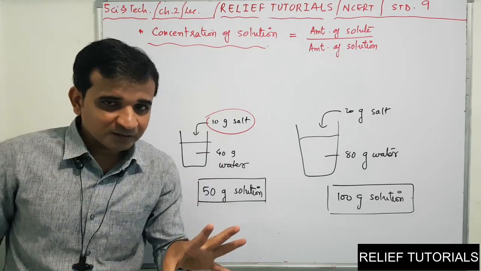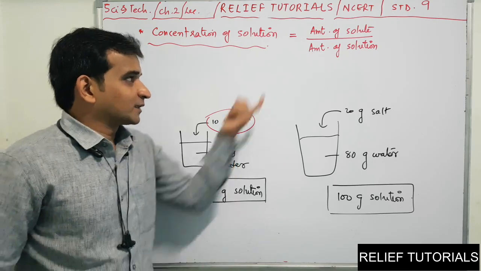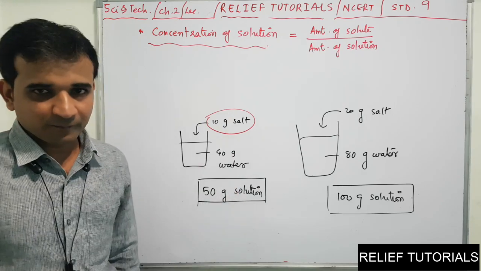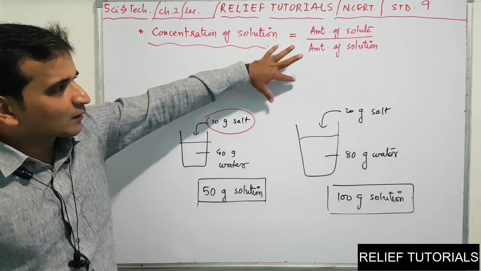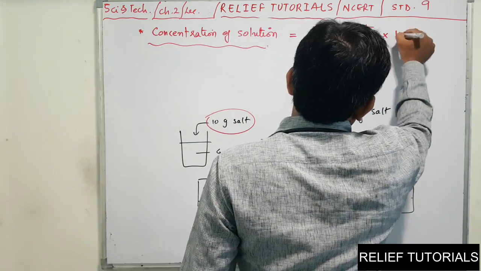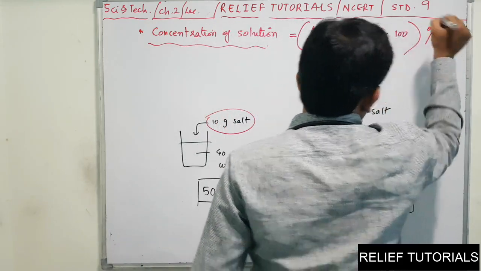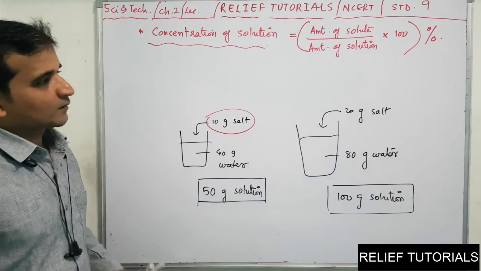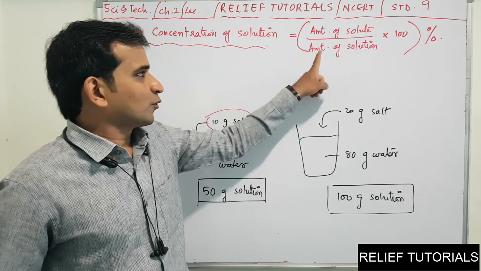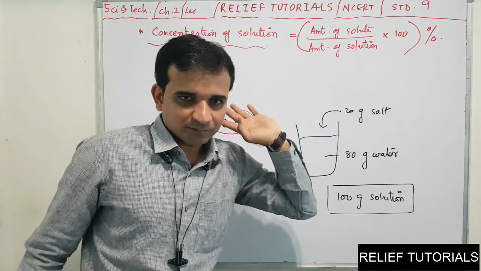Many students make the mistake while solving numericals that they put the values of solvent in the denominator. No, amount of solution is important. And this ratio can be converted into percentage by multiplying it by 100. So normally concentration is represented in percentage form. What is the formula to calculate the concentration? Amount of solute upon amount of solution multiplied by 100, that is the percentage.